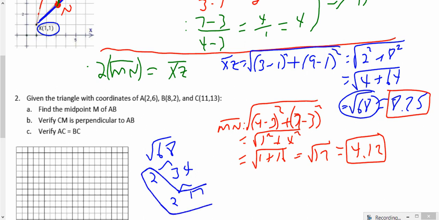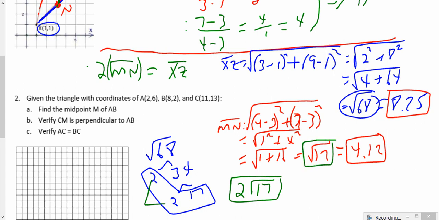And this is something we'll go over later in the quarter as well. But if there's a pair of anything, in this case there is a pair of 2's, it can come out of the radical, and on the inside you still have just the 17. Now if you look at it this way, 2 times root 17, and this one is root 17, then one is twice as big as the other.